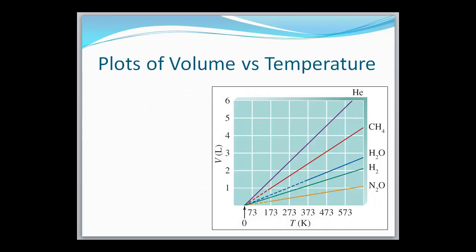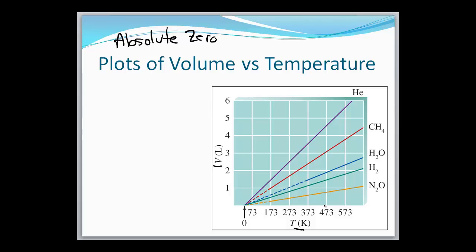Let's take a moment here and talk about absolute zero. Absolute zero is the point where we have no molecular movement, and we've talked about this value in previous podcasts. Let's take a look at one way you can determine absolute zero. Let's say you're graphing your data from volume and temperature.